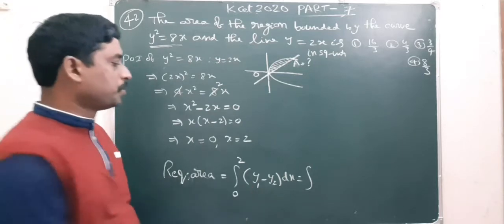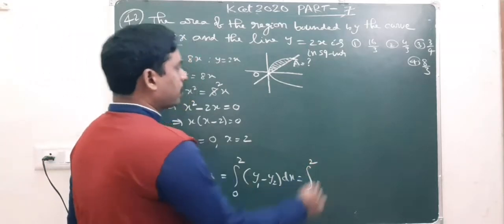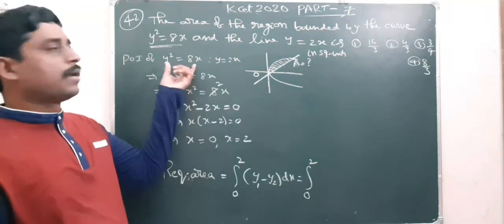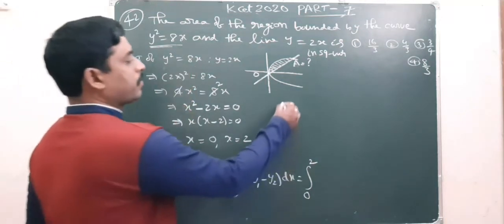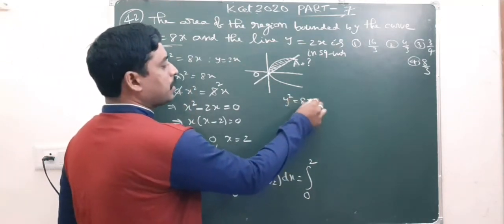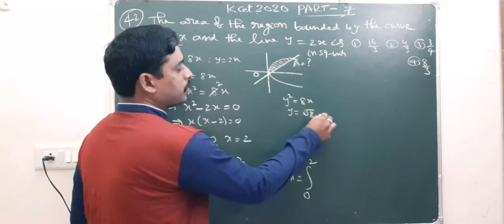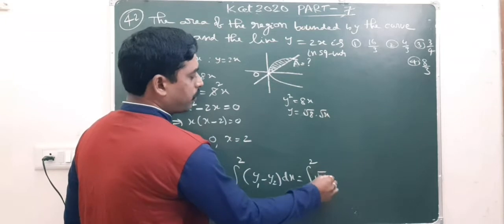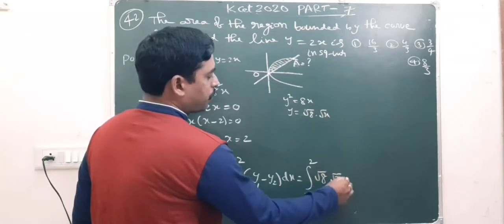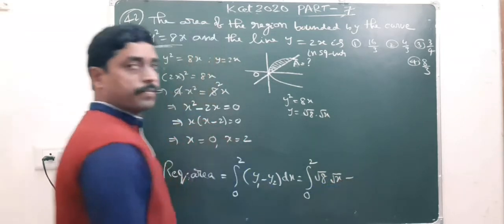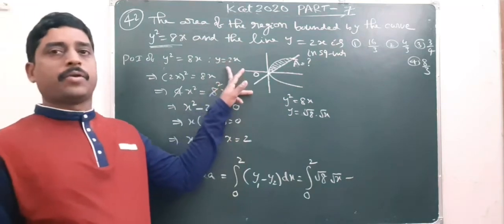Integral 0 to 2, y1 from parabola y square is equal to 8x, y is equal to root 8 into root x. This is y1 is equal to root 8 into root x, minus y2. From the straight line, y2 value is 2x.